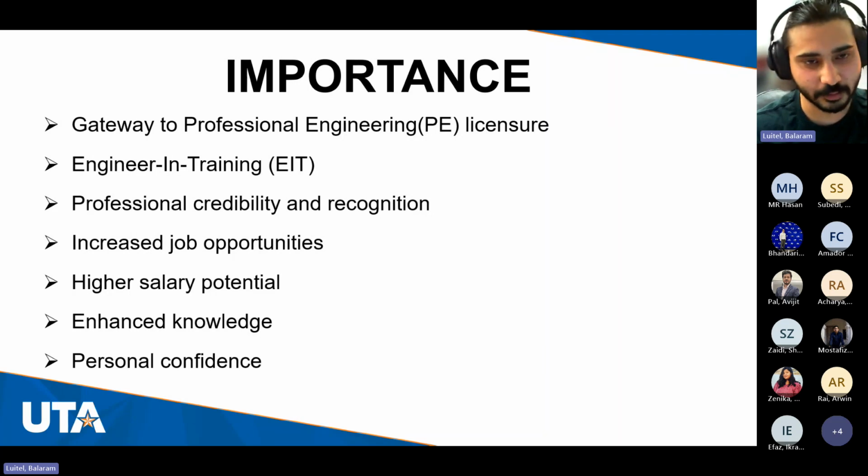During preparation for the FE exam, you have to review all the materials from your bachelor's coursework. That means one more revision, reviewing all the concepts, theories, and practical knowledge. Being certified in any manner is also significantly good for your personal confidence during interviews.